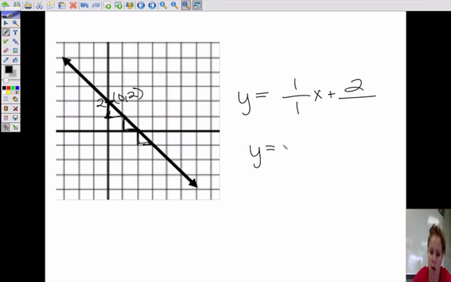So we could just write that as y equals x plus 2, because we don't need that 1. But if you're comfortable with the 1 over 1, that's totally fine. And I just realized we made a mistake. We're going down, so that means we have a negative 1. So that would be negative x plus 2. I'm glad I caught that.